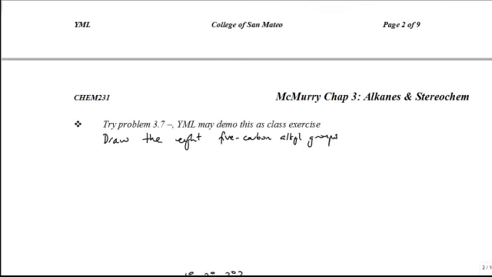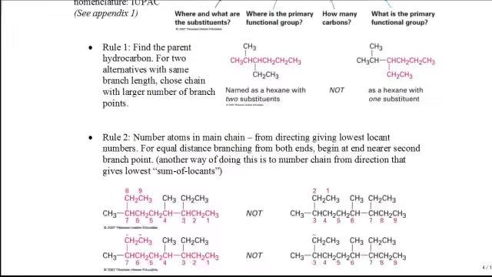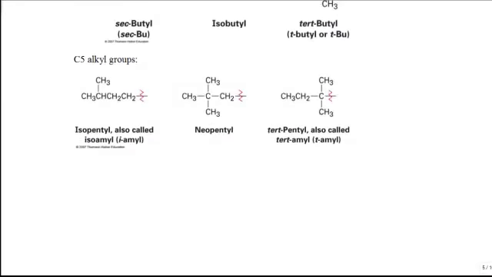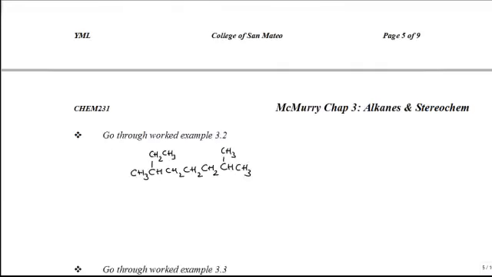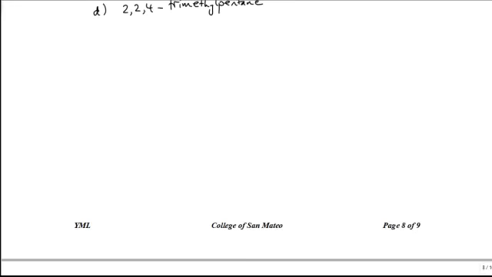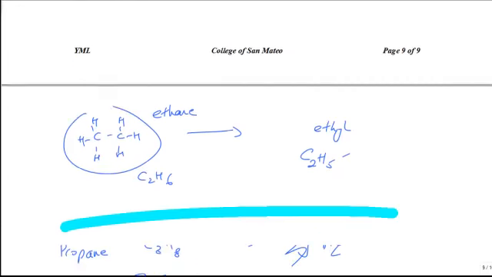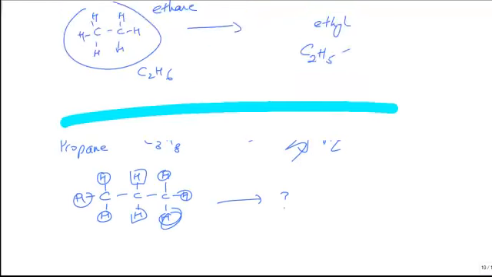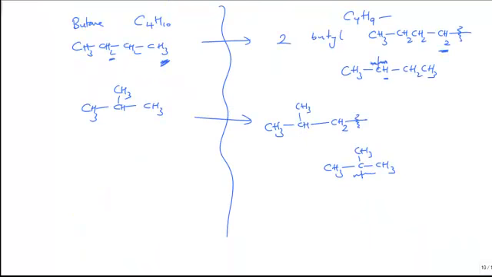Now let's make sense of those names. The names are not always systematic. So when we have methane going to a methyl group, let's call it methyl.